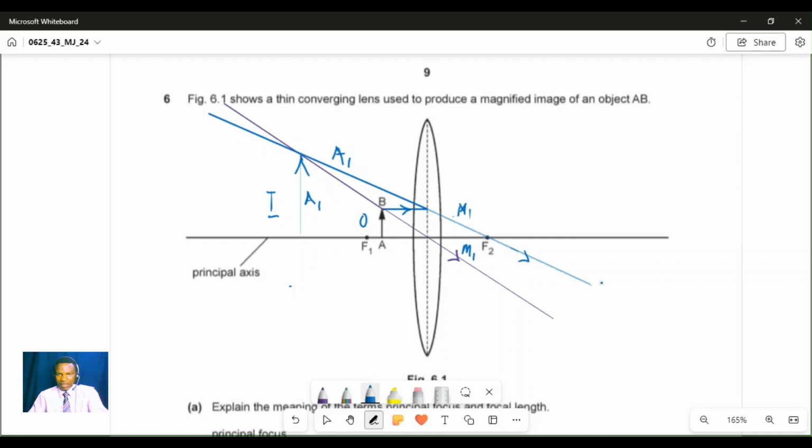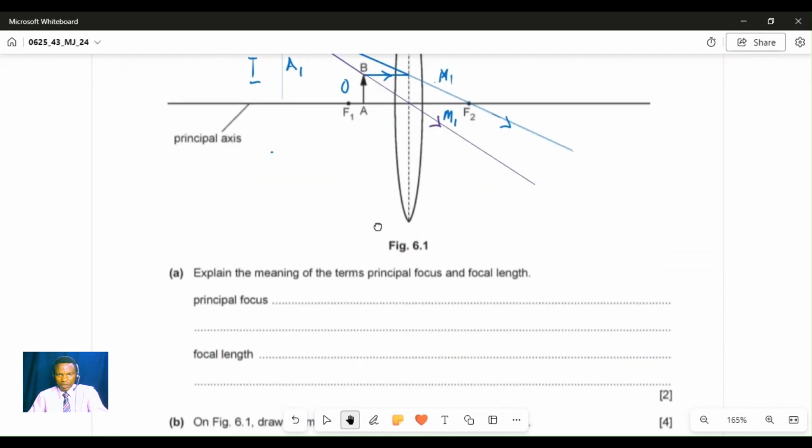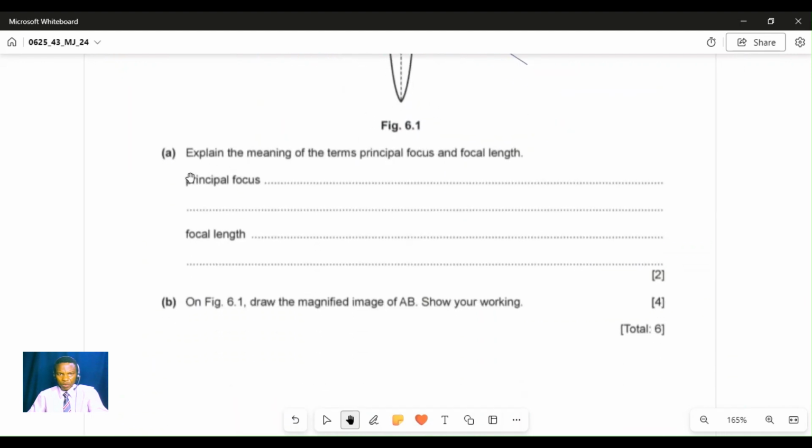So let's go and answer question 6A. What is the principal focus?